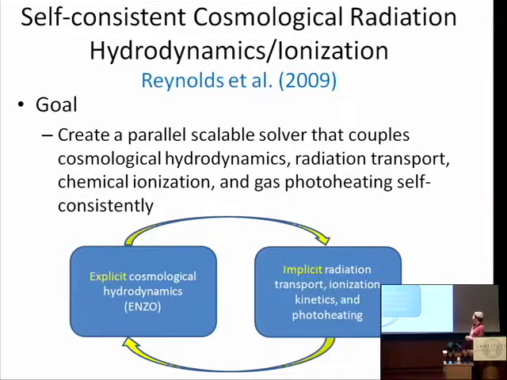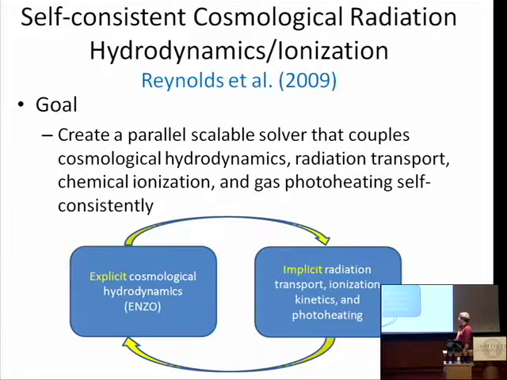Okay, so how do we do this? This gets to this new algorithm developed by Dan Reynolds and others. So the goal is to create a parallel scalable solver that couples everything together self-consistently. And the way we've done this is by creating essentially 2 codes that we iterate between.